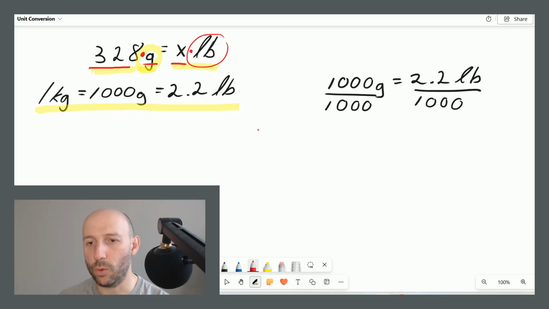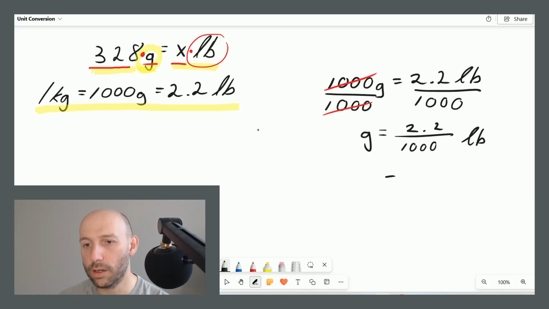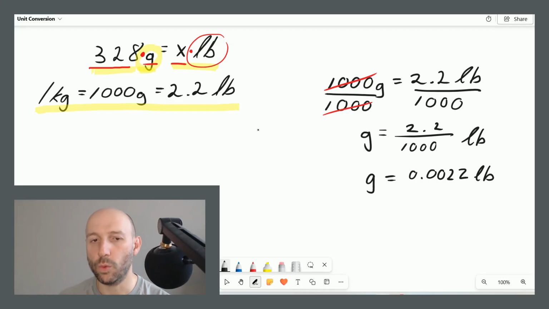And we have our 1,000s cancel out here. And we get that 1 gram equals 2.2 divided by 1,000 pounds, or 0.0022 pounds.